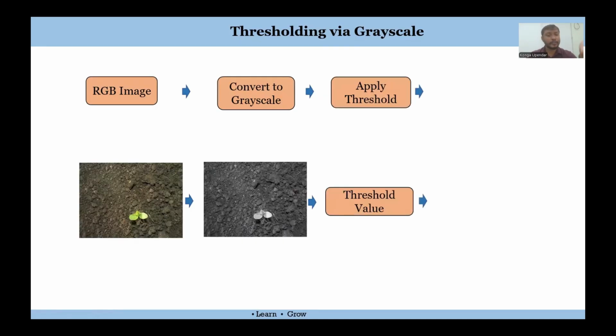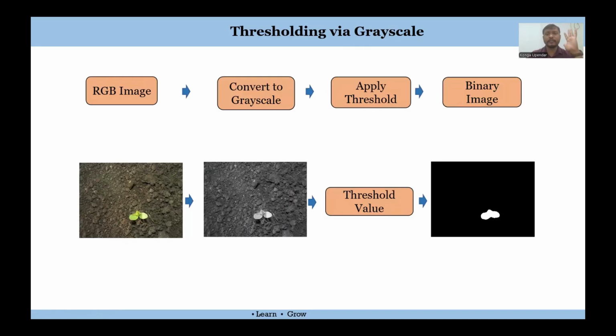The threshold value ranges between 0 and 255, because a grayscale image is an 8-bit image, so pixel values range from 0 to 255. The value could be any value between 0 and 255. Sometimes it could also be a range, for example, pixel values greater than 80 and less than 150 could be the threshold. This is the way we get the binary image after applying the threshold value.